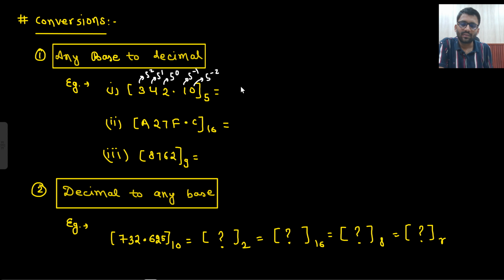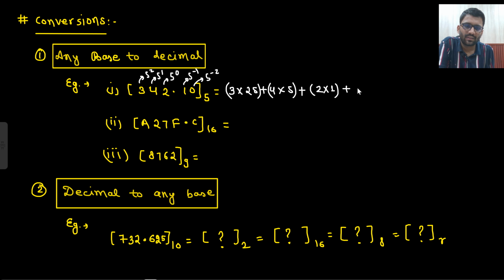Okay. So 3 into 5 to the power 2, that is 3 into 25, plus 4 into 5, plus 2 into 1, since 5 to the power 0 is 1 only, plus 1 into 5 to the power minus 1, plus 0 into 5 to the power minus 2, that would be 0 only.